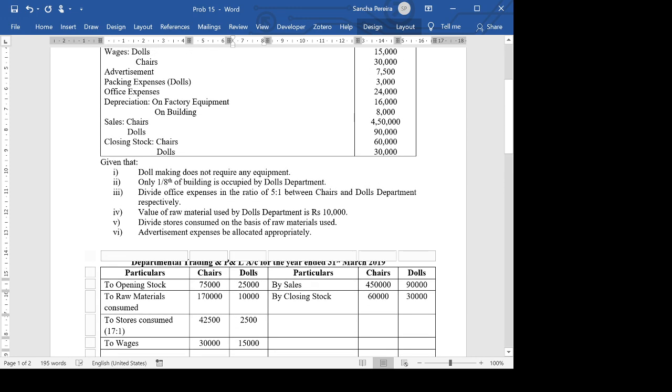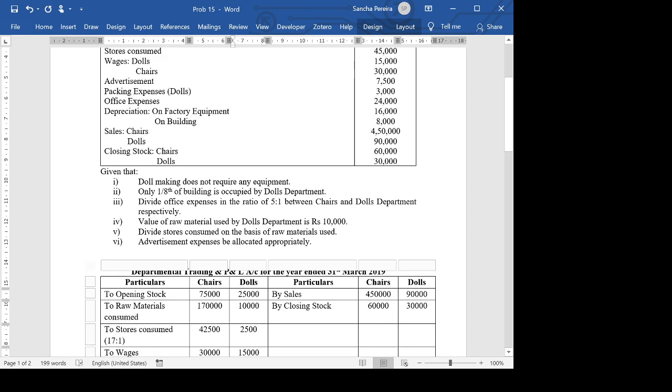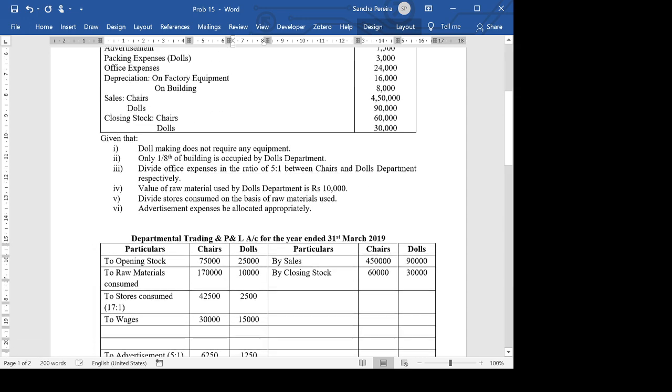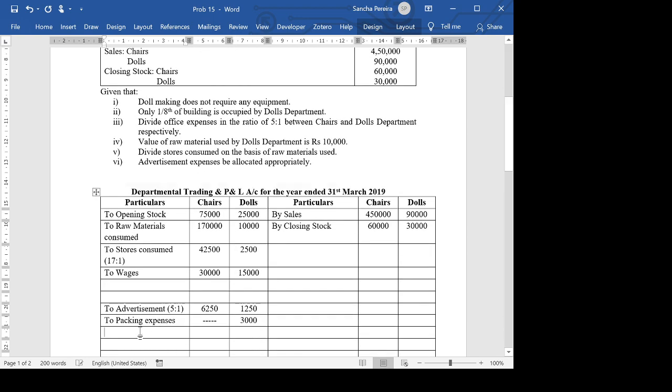Then there is packing expenses, which is solely for dolls. So we are not going to have anything here, and the total packing expenses are 3,000. Then we come to office expenses. They've told us how to divide office expenses.